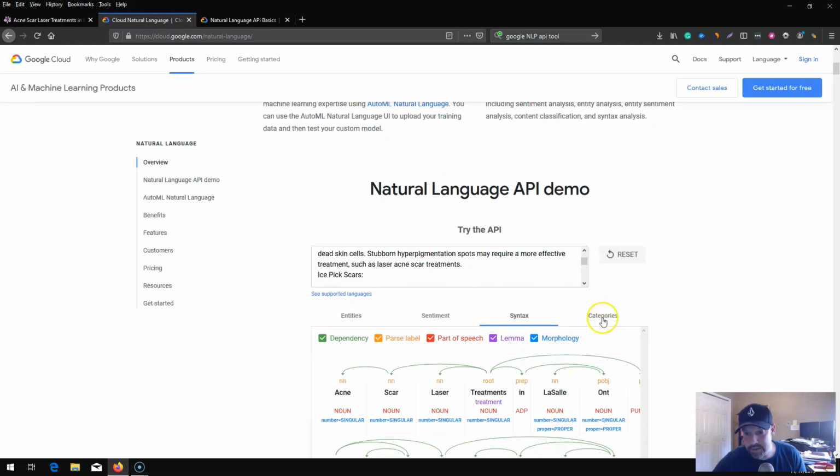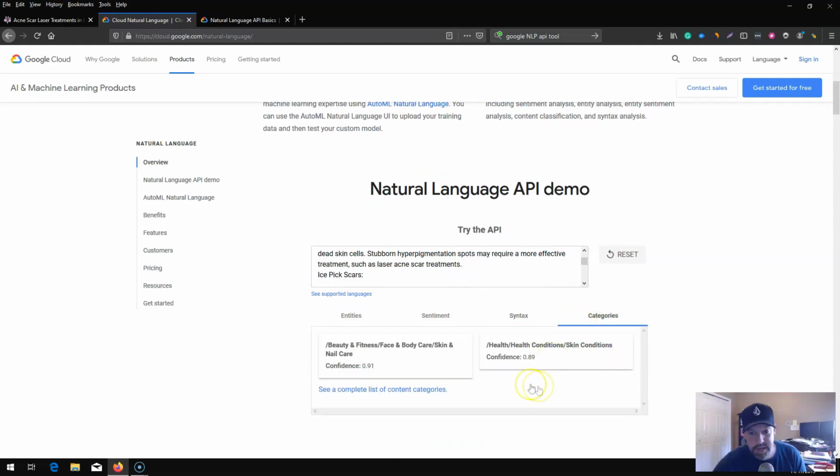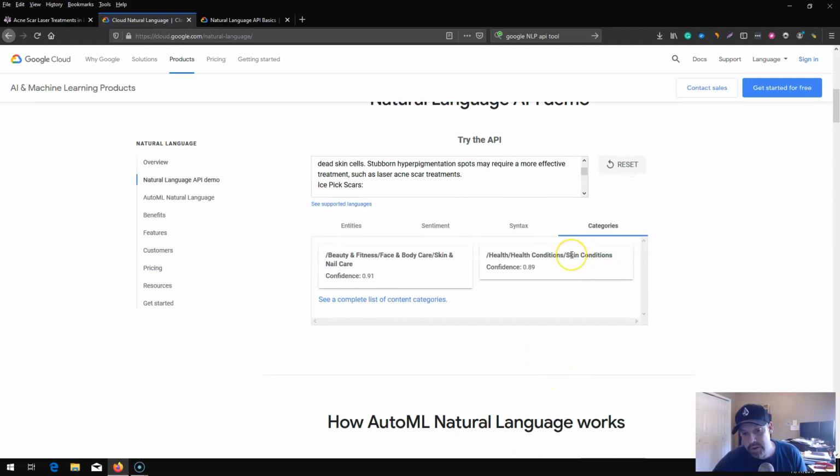Let's take a look at the last tab here. So, categories, this is important as well. After it analyzes the complete document, it's going to give you basically a confidence score on what it thinks your overall article topic category is about. So in my case, it has indexed me correctly: beauty and fitness, face and body care, and skin and nail care.